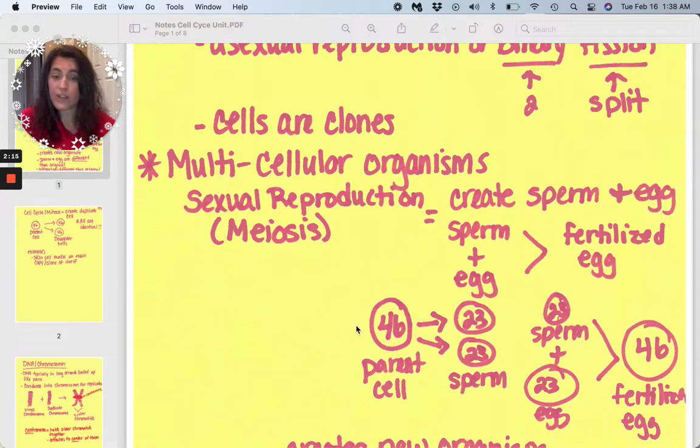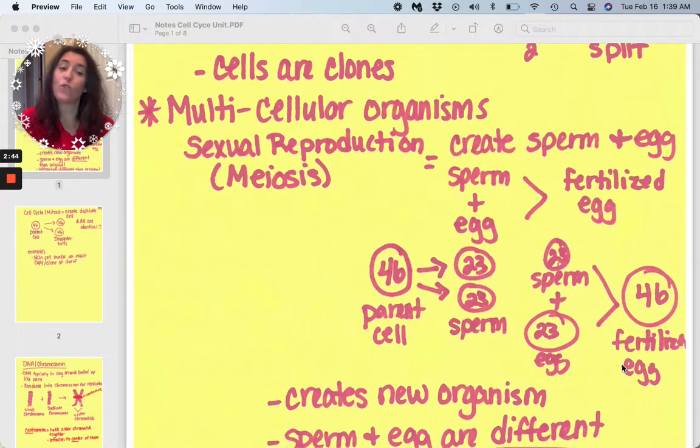So you have a 46 chromosome parent cell that is then meiosis creating two 23 chromosome sperm cells. And the same thing goes for an egg cell. And then that 23 chromosome sperm cell can bind and fertilize a 23 chromosome egg to where you have this 46 chromosome fertilized egg that has a total full set of DNA chromosomes.